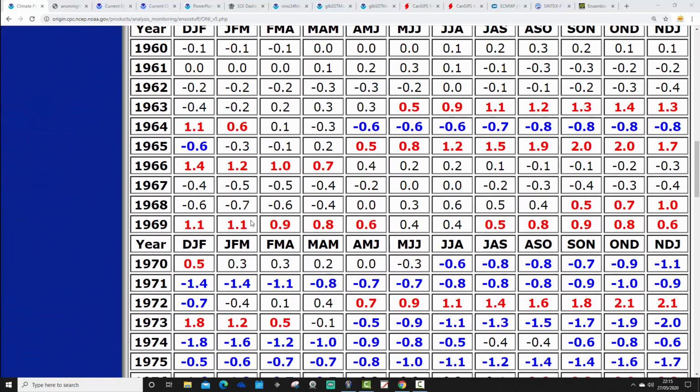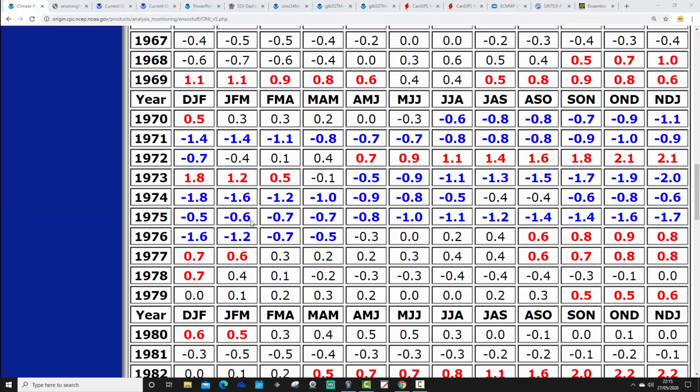But just to explain this chart, this is showing all ENSO events going back to the 1950s. Blue negative numbers are La Nina events, they're cold events. So 1971, for example, has a La Nina event lasting throughout the year. Red positive numbers are El Nino events, and we see it in 1972 through to 1973.